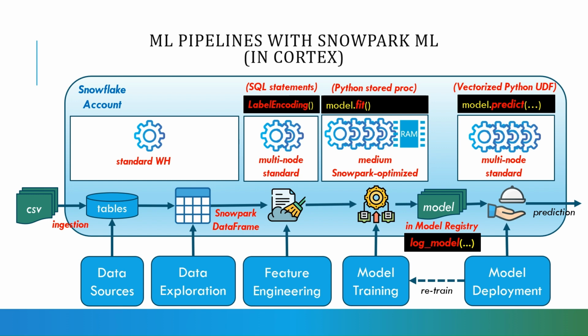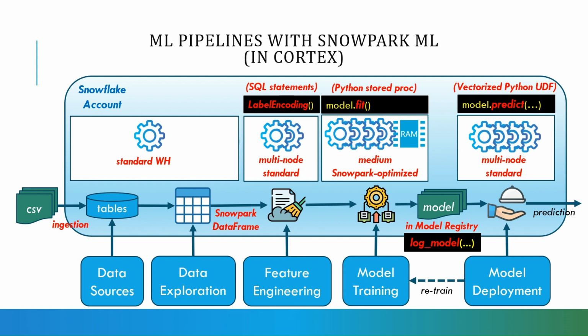Right now they will translate into SQL statements, SQL scripts, but they are distributed directly into the SQL engine of Snowflake and executed there much faster. With multi-node standard warehouses, you can take advantage of the distributed nature of their SQL engine.